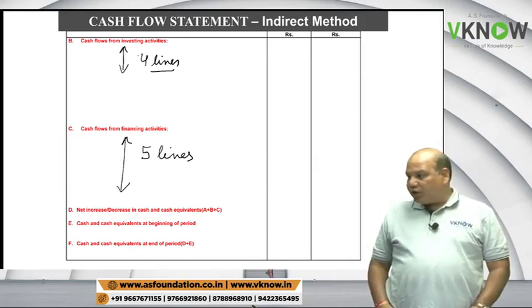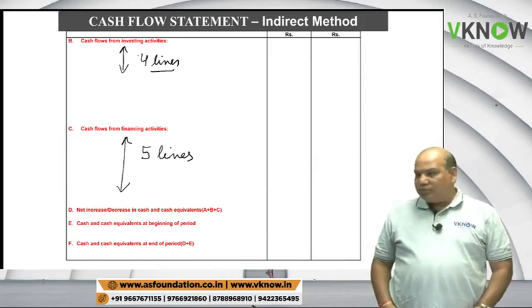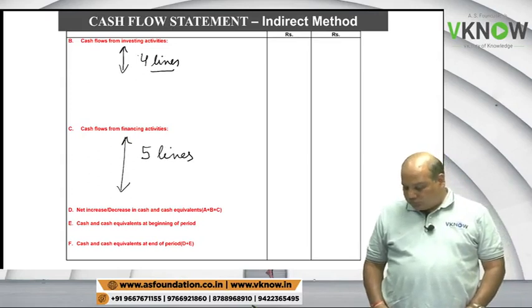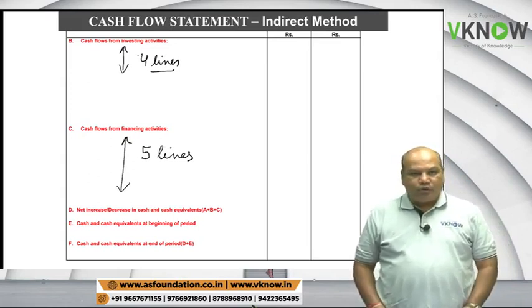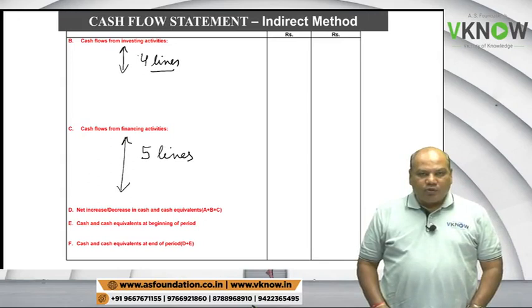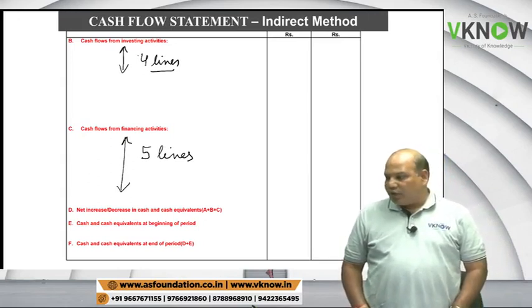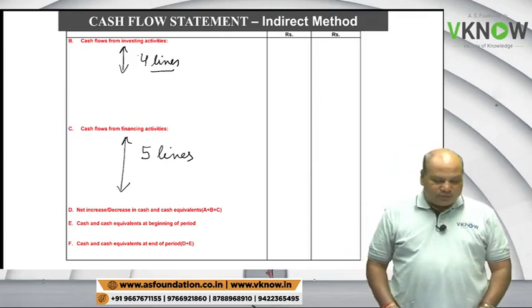So we have started question number 11. Keep the question in front of you. Point number F, cash and cash equivalent at the end.